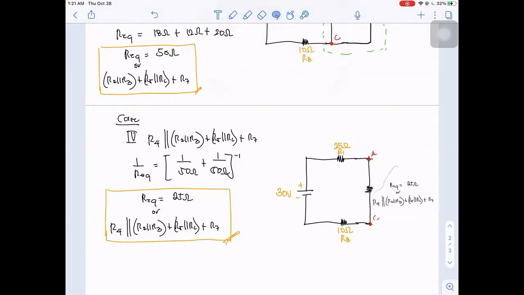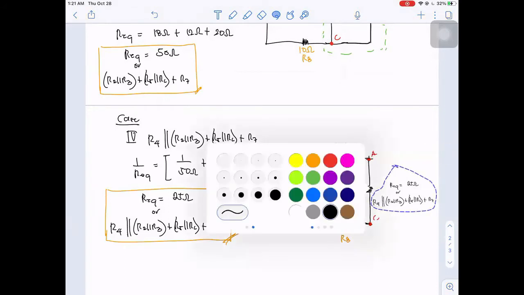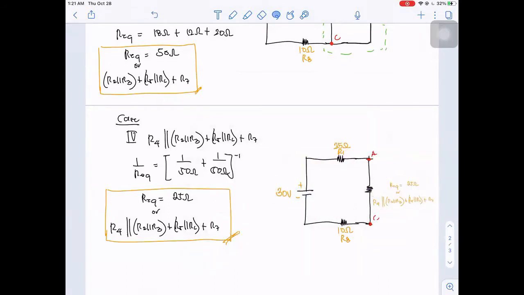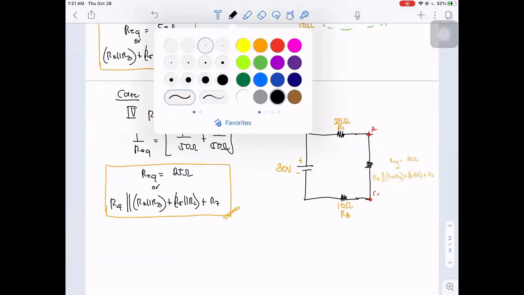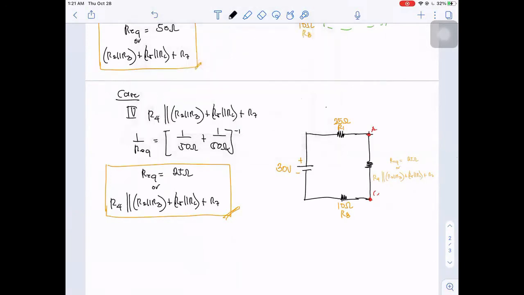So our equivalent circuit now is 25 ohms. Then after that, we can now have our case number 5. In case number 5, it is obvious R1 is in series with R8 and also the previous equivalent resistance, which is 25 ohms.